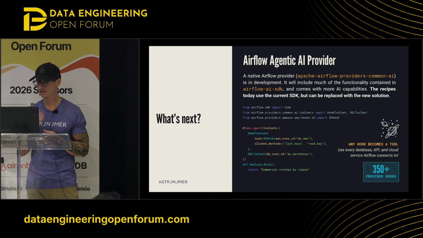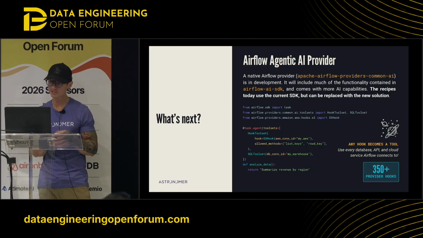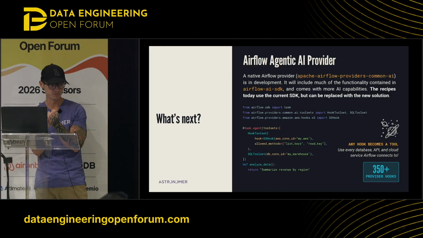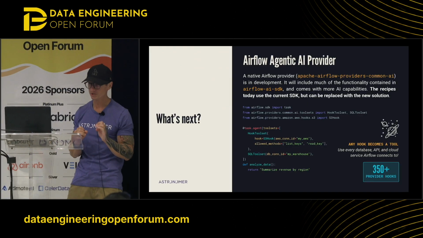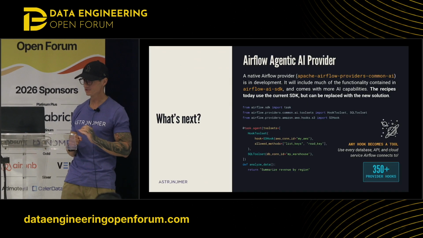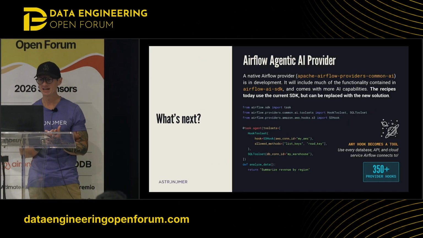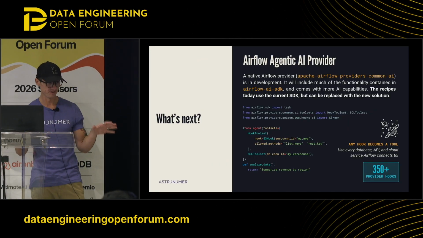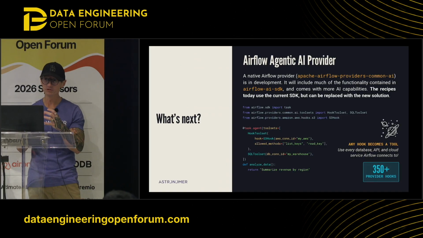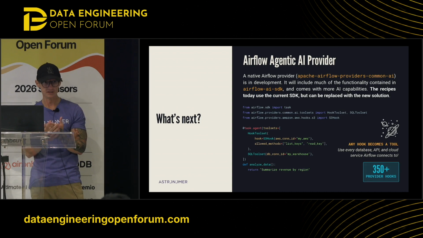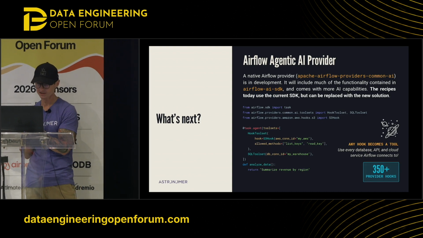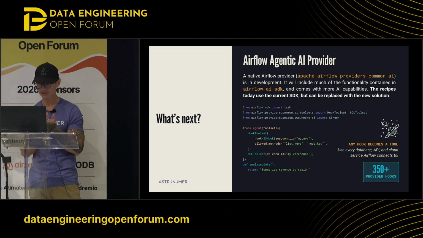And one thing that I find very impressive is that you can use any kind of hook as a tool function. And if you're not familiar with Airflow, this doesn't mean anything to you, so let me explain. Airflow has these operators, right, for everything. And these operators under the hood are using hooks to actually perform the interaction with external systems like S3 or Snowflake or Databricks.